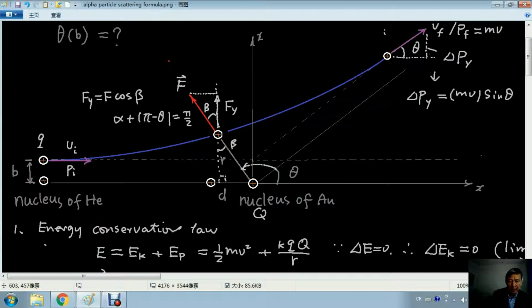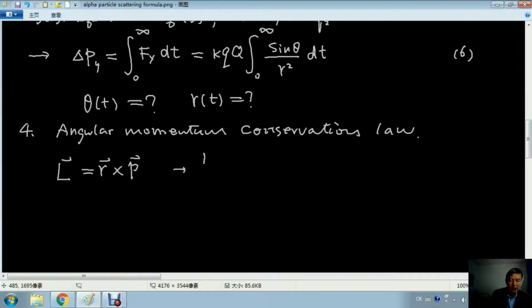So at this particular moment, in the absence of positive charge, the distance between the alpha particle and the origin is simply b, and the linear momentum can be simply written as m times v. In this way, the initial angular momentum can be written as b times mv.